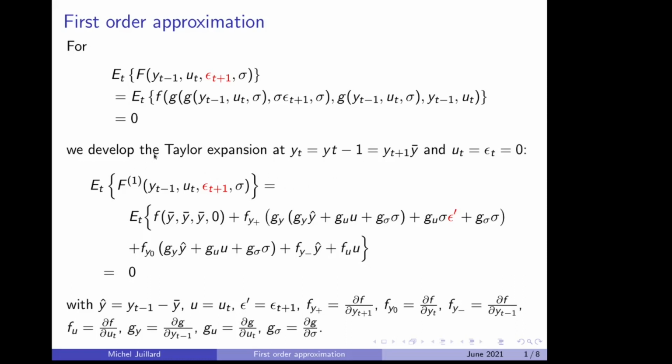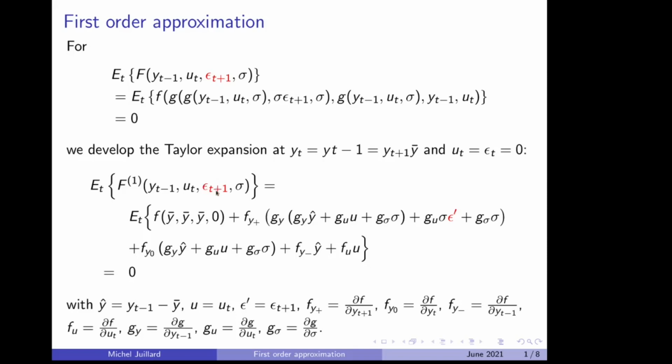Here I indicate with the index 1 in parentheses that we are considering a first order expansion of big F. Here, this term, by the definition of the steady state, is equal to 0. However, I keep it here to remind you that we are taking the expansion around the deterministic steady state.